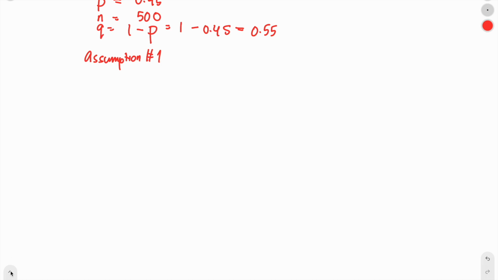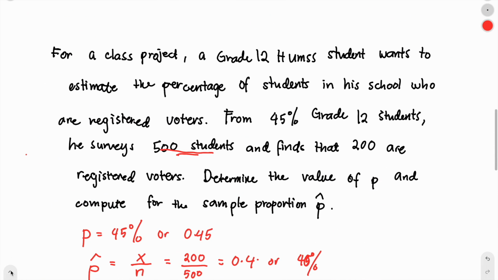Right, let's go back to the problem now. From the 45% of grade 12 students, he surveys 500 students and finds that 200 are registered voters.